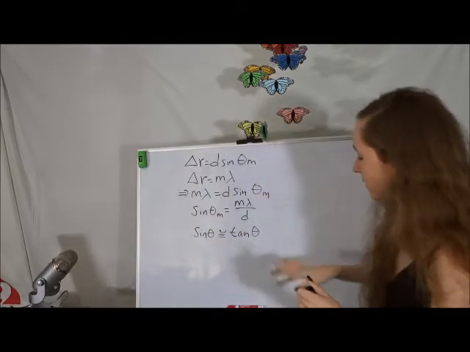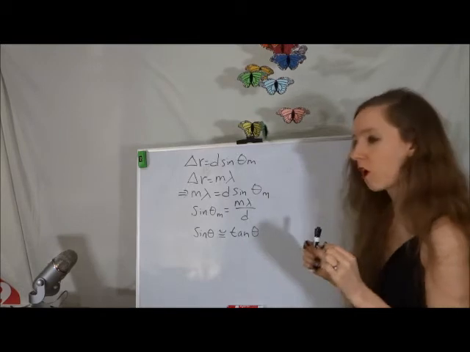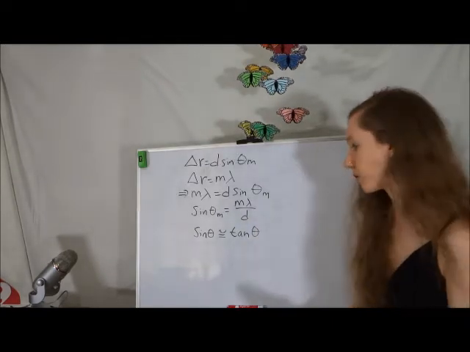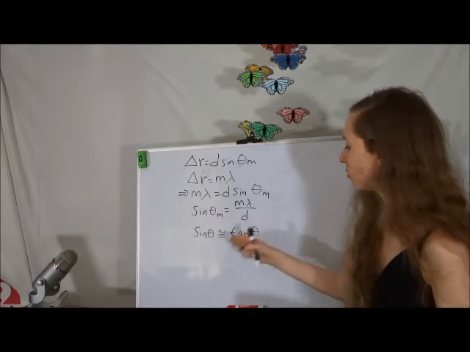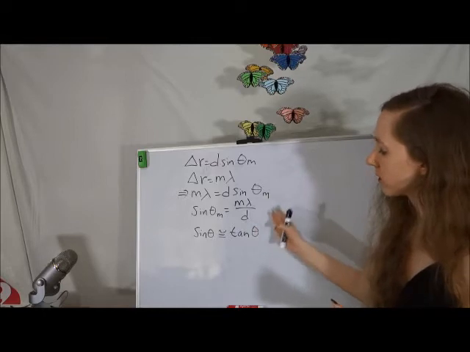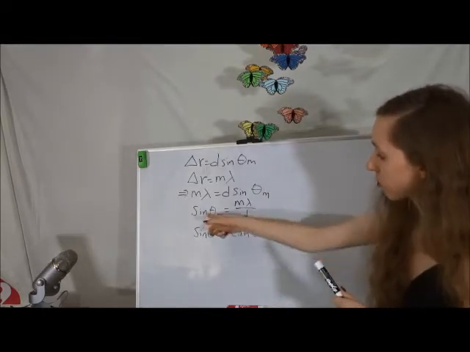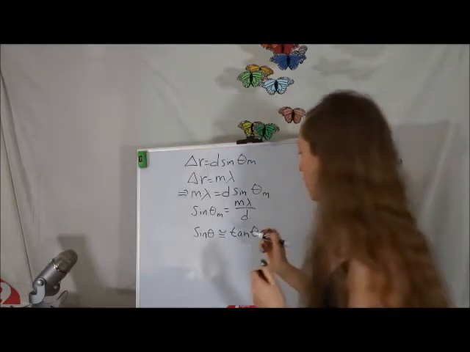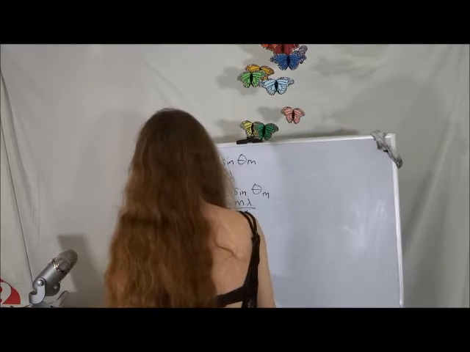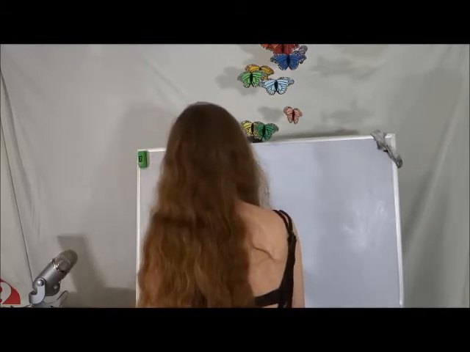The reason for this is that tangent is sine over cosine, and if your angle is very small, very close to 0, cosine is going to be very close to 1. So you'll have approximately sine theta divided by 1, so tangent is going to be very close to sine theta. So we're going to be able to replace the sine in this equation with tan theta m is equal to m lambda over d.